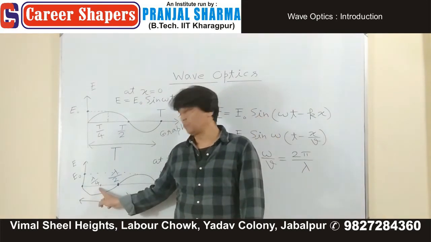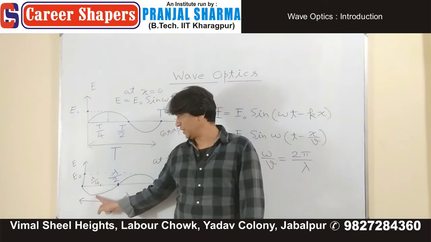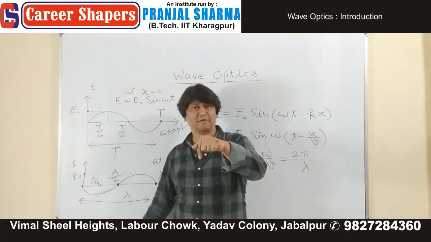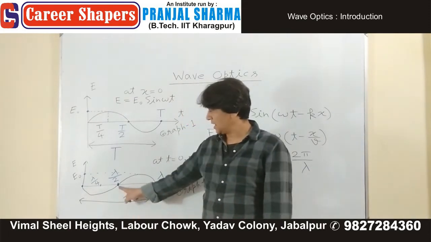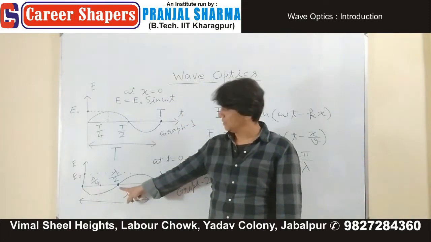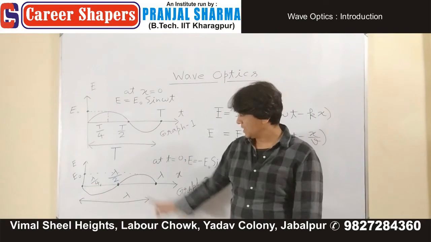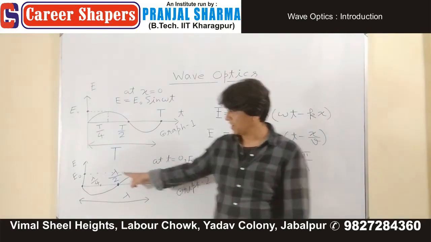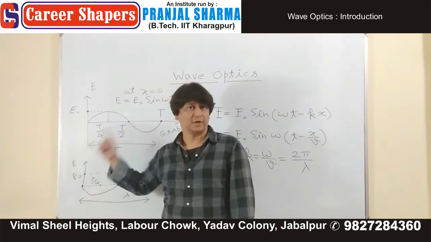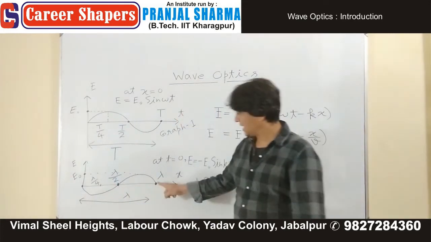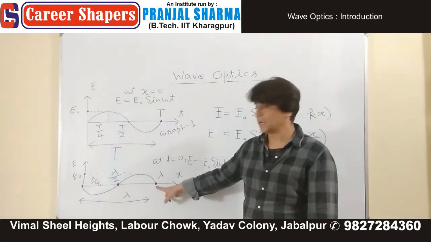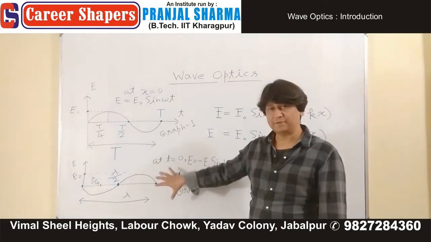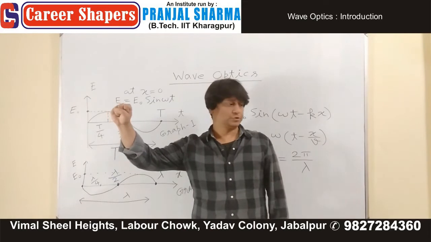At x equals lambda by 4, the electric field was maximum, but in the negative direction. At x equals lambda by 2, the electric field is 0. At x equals 3 lambda by 4, the electric field is maximum in the positive direction. At x equals lambda, the electric field is again 0. So what is this graph? This is the x equals 0 position.